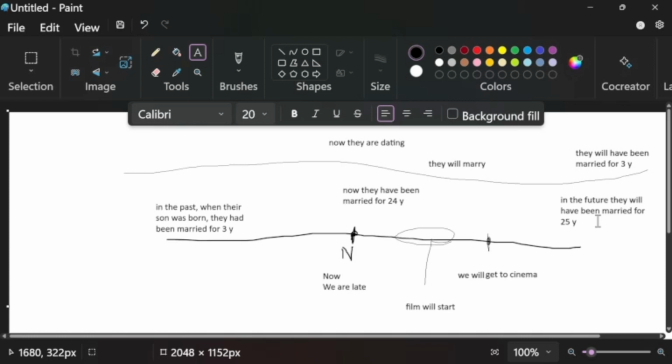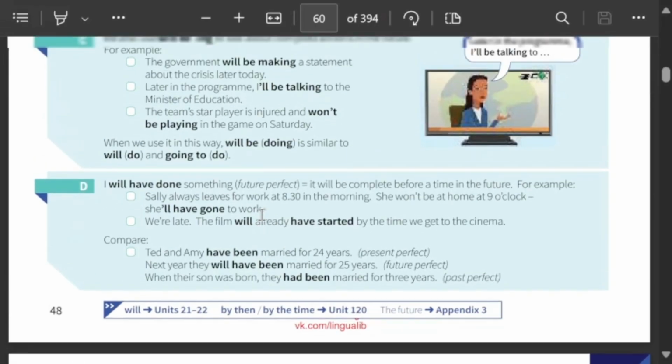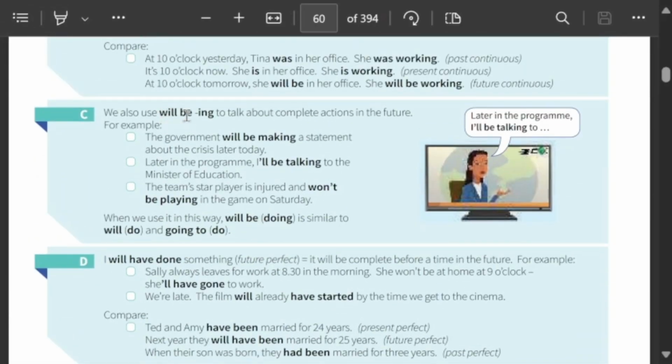Have been doing, like ing. Have been. This is not continuous. This is the perfect. Look, continuous is this one. Will be and ing.